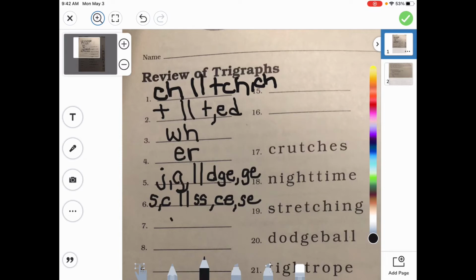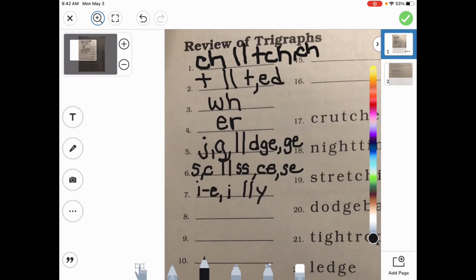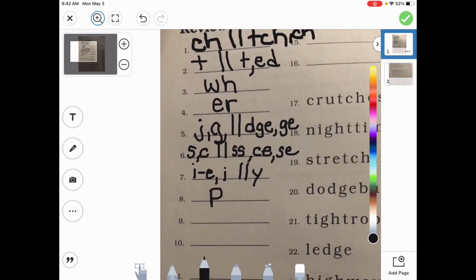All right, what about I? It can be I consonant E or I. And at the end, if we hear that I, a lot of times it's what? Vowel Y. Vowel Y. Good job. All right, what about the p sound? P, perfect. How about b? B, good job.